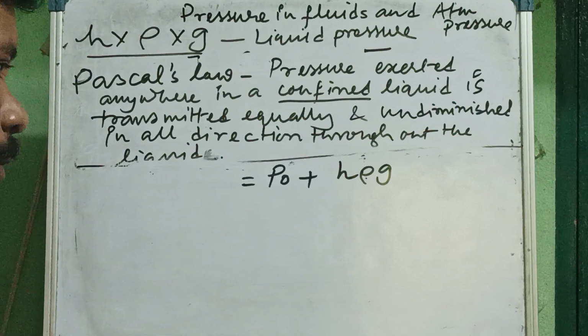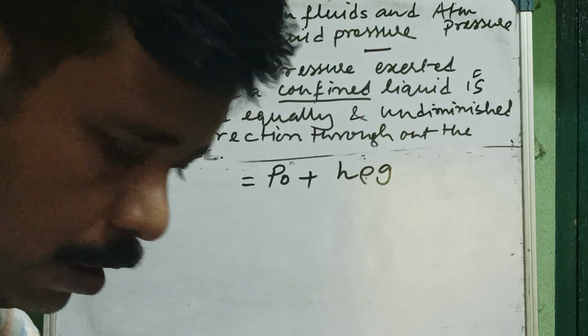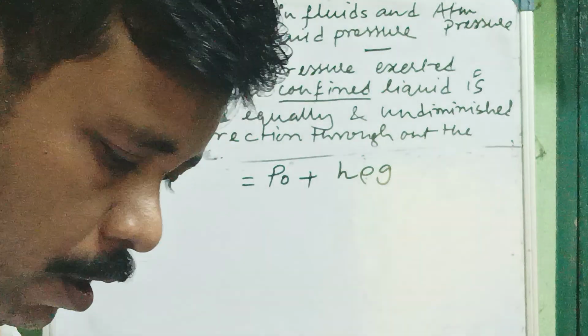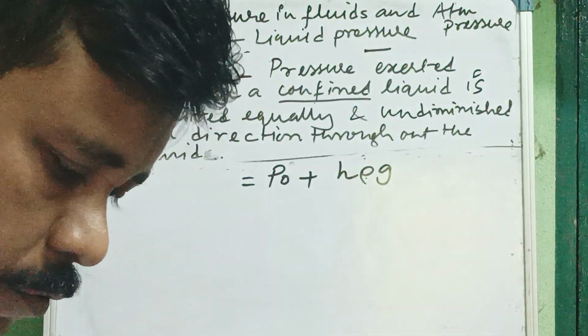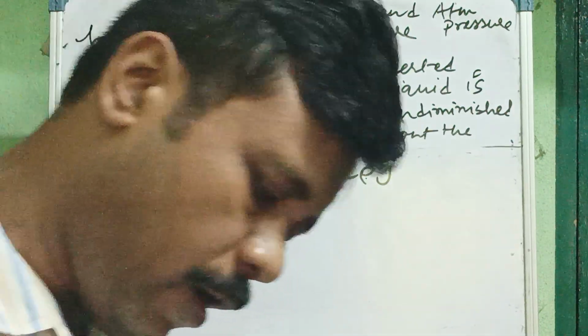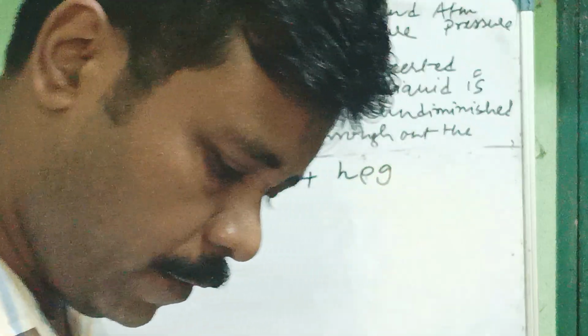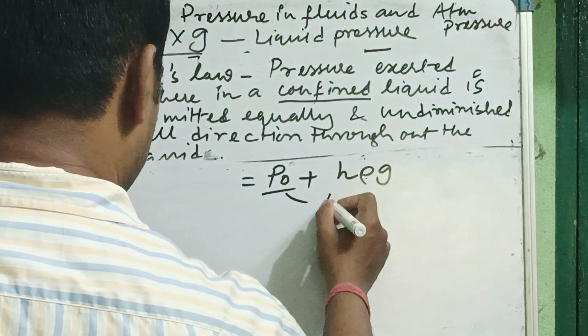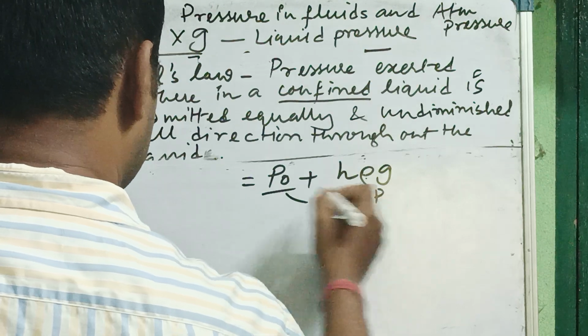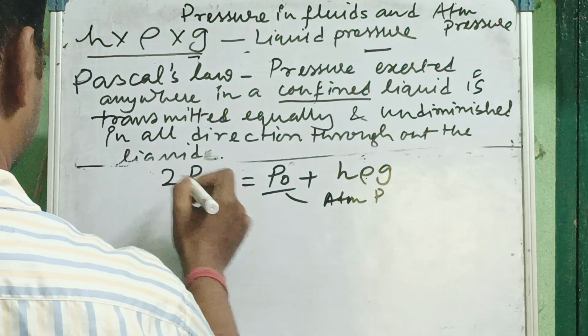Now the pressure is two times the atmospheric pressure. I have to read this question again. At what depth below the surface of water will pressure be equal to twice the atmospheric pressure? Atmospheric pressure is taken as P0.